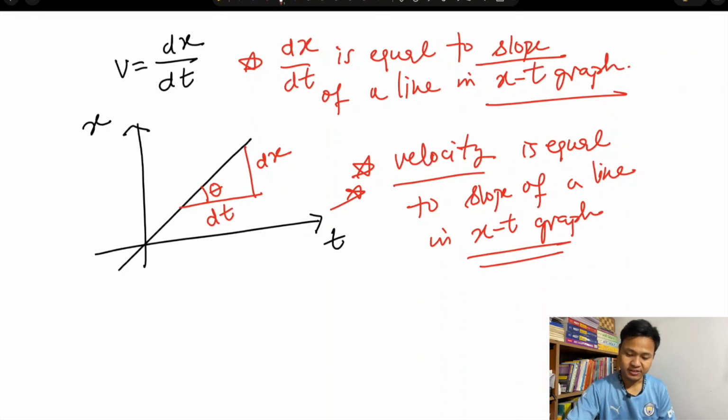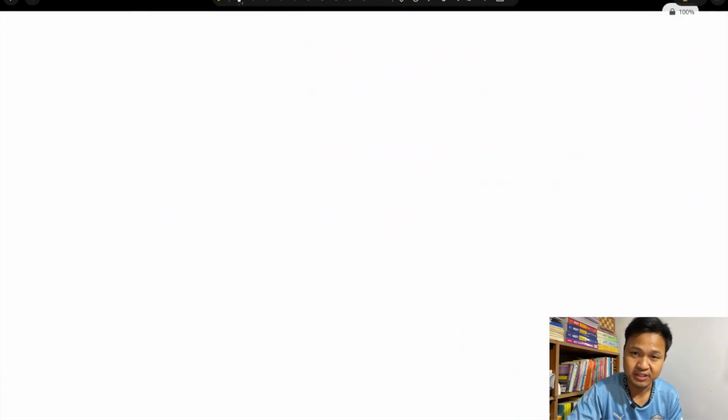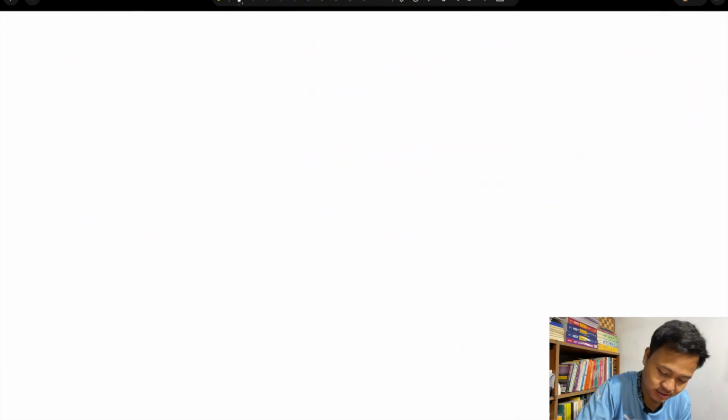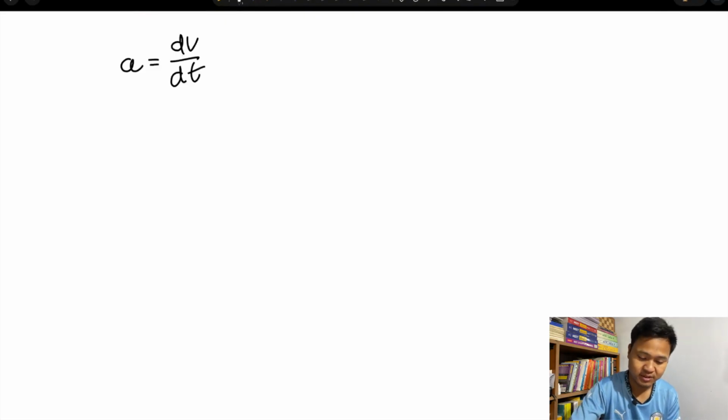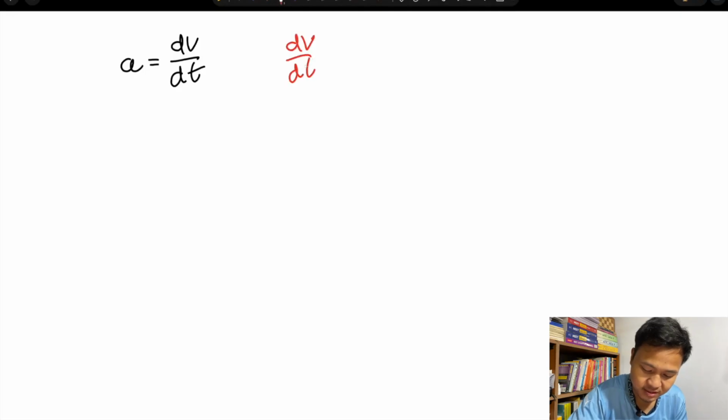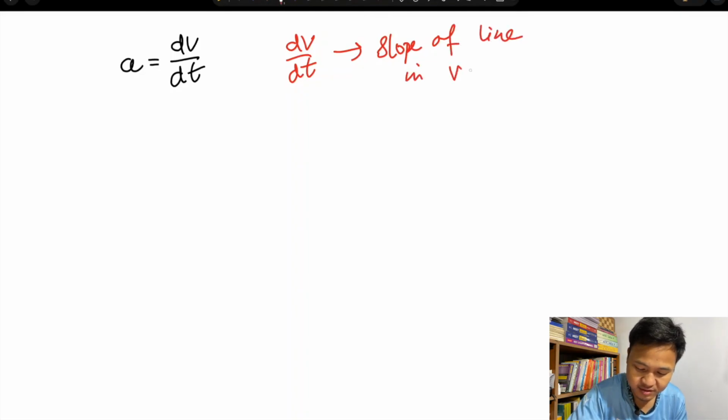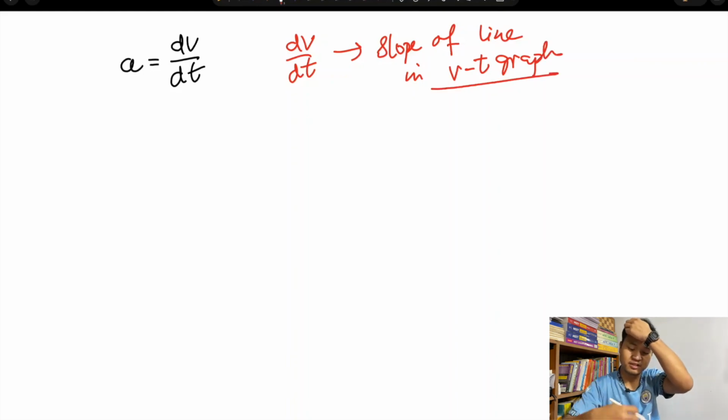Next, similarly, v equals dx by dt, and acceleration is dv by dt. So what is this? Same thing: dv by dt is nothing but the slope of a line in a vt graph. The concept applies the same way.